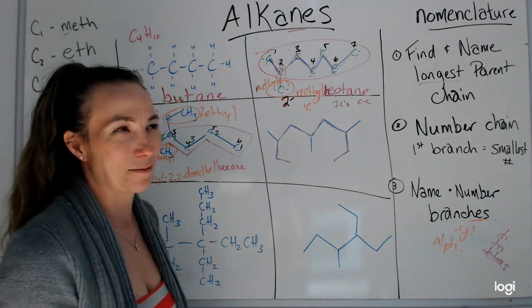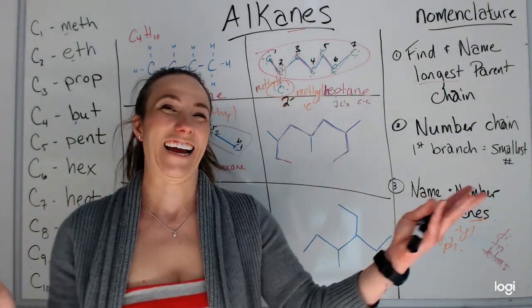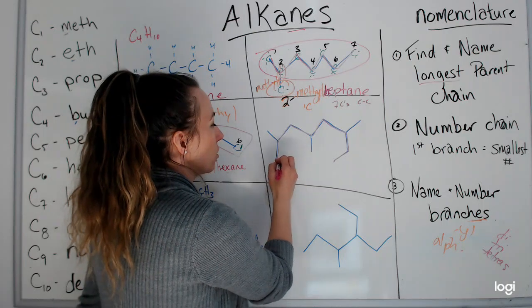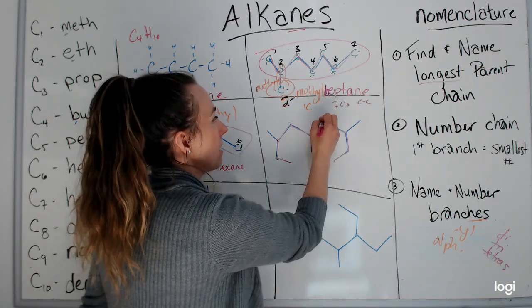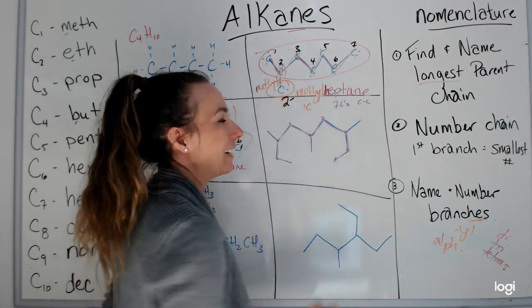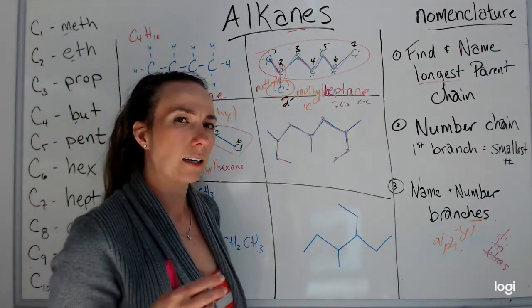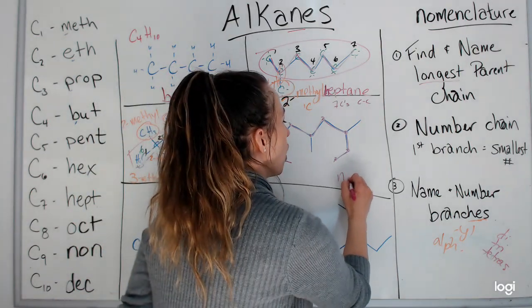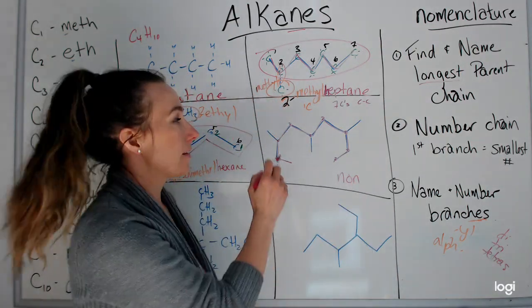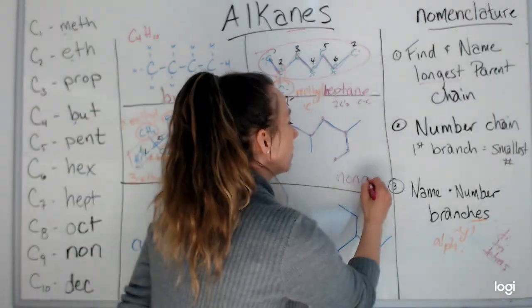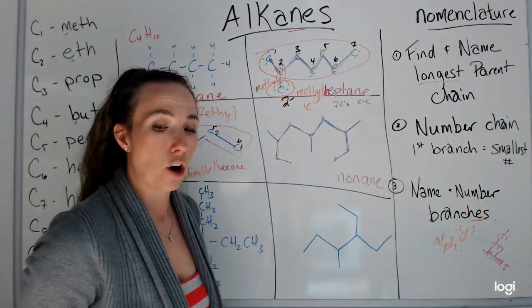It's not straight, but anyway, it's the longest line. Now I have 1, 2, 3, 4, 5, 6, 7, 8, 9 carbons in this longest line. How do I say 9 in organic chemistry? Non. How do I say that all of those carbons are singly bonded? Ane. So I'm going to end in nonane.